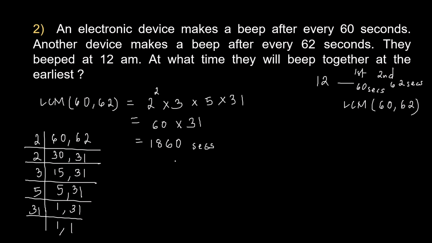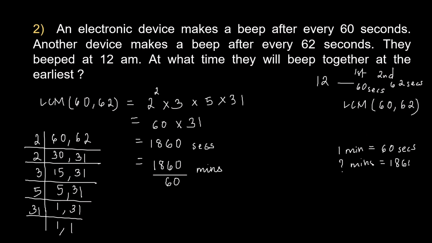Now we'll convert these seconds into minutes. To convert them into minutes, we'll divide 1860 by 60. You can simply do this by this method: if 1 minute equals 60 seconds, then how many minutes will be 1860 seconds?